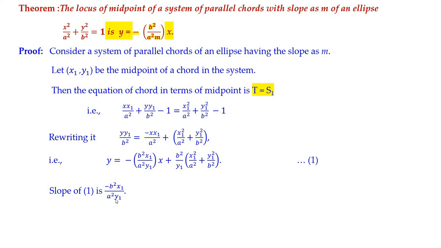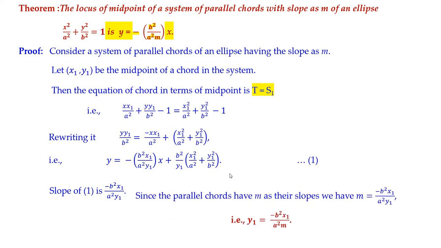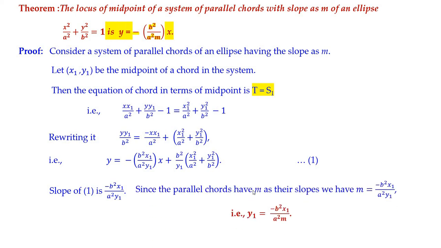So this slope must be the same as that m. So equating that, since the parallel chords have m as their slopes, we have m to be this slope. Both must be the same. So we have this, or taking y1 to the other side, cross multiplying, this is what we get.